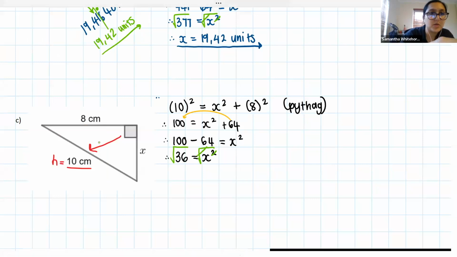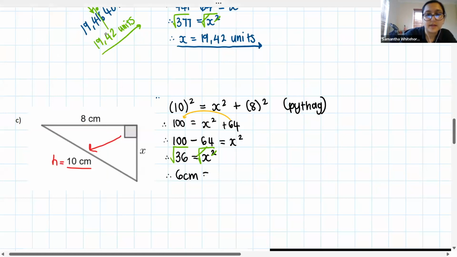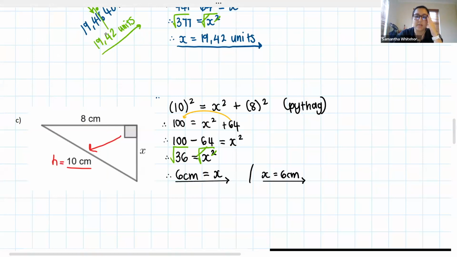And we know that the square root of 36 is 6. And so therefore x equals 6 centimeters. Now, guys, if you had written your answer x equals 6 centimeters rather than 6 centimeters equals x, it means exactly the same thing. It really doesn't matter. I saw lots of 6 centimeters and 6s on the chat. So really nicely done, guys. Well done.